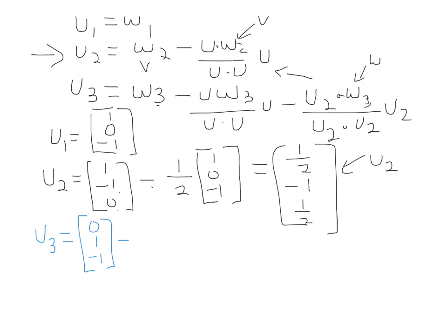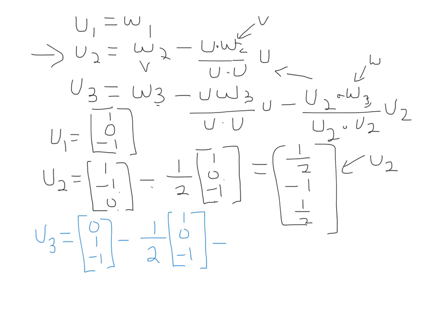We're going to do the dot product there, so we should get 0 plus 1 over, it's still over u dot u, which is 2, isn't it? And times that by the first vector, 1, 0, minus 1.